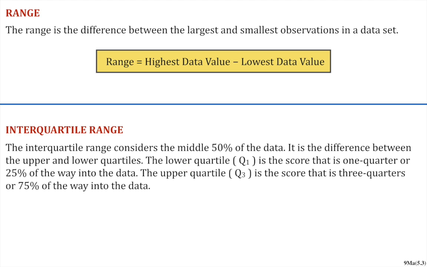It's the 1/4 way mark in our group of numbers, and we'll show you how you do that in a moment. The upper quartile, or quartile 3, is the 3/4 way, or the 75% mark in our group of numbers, and we'll do an example in a moment. But the formula to find the interquartile range is the 3/4 way mark number minus the 1/4 way mark number. So let's try some examples.